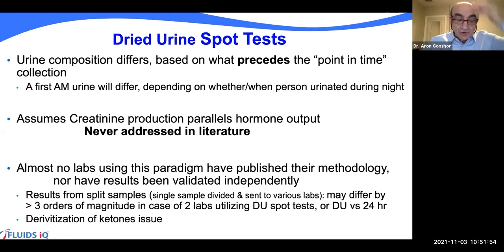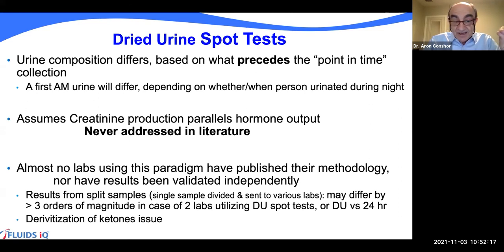In fact, almost none of the labs using this kind of dried urine spot test have published their methodology, nor, and I'm going to be very careful here, have their results been validated independently. And if anybody has that information, I'd be very happy to see it.